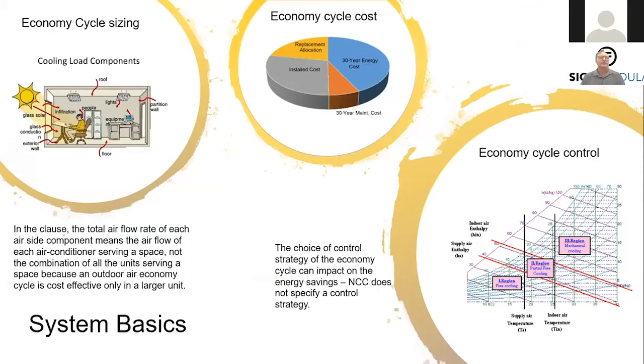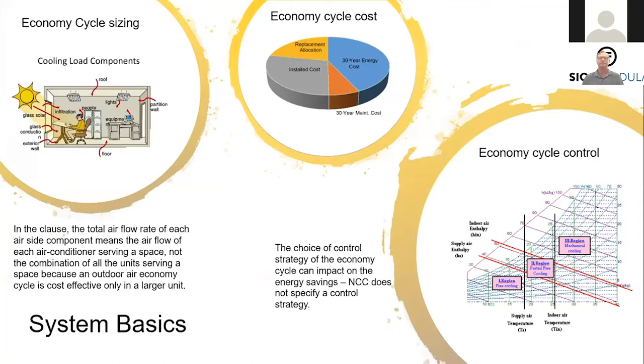Okay, the system basics for economy cycle. We're looking at the loads in the space and the outside air conditions. We're considering the economy cycle costs, so the cost of the system, and then we're looking at the control of the economy cycle.